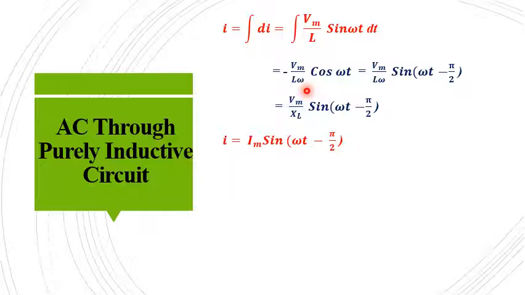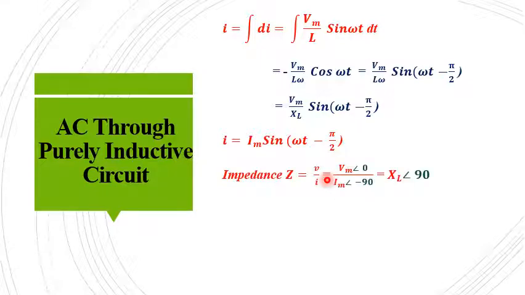Then in the case of an inductor, the current will be I equal to Im sin omega t minus pi by 2. That means in a purely inductive circuit, the current lags the voltage by an angle pi by 2 or 90 degrees. That is why the term minus pi by 2 is introduced.